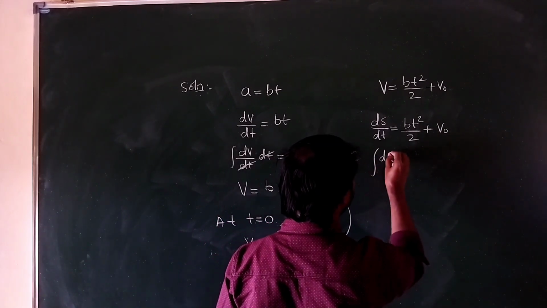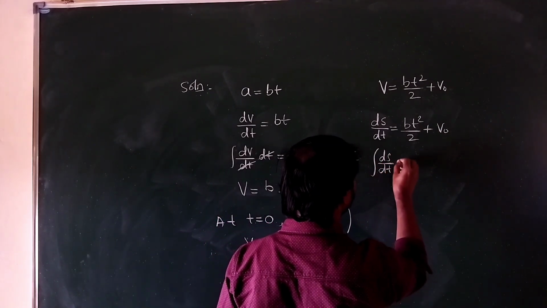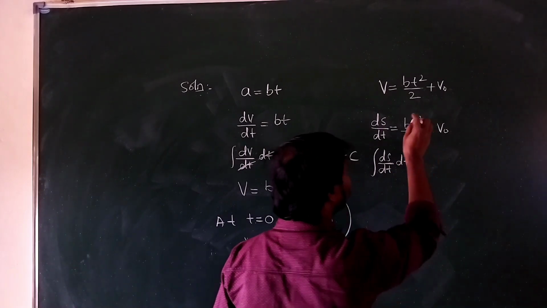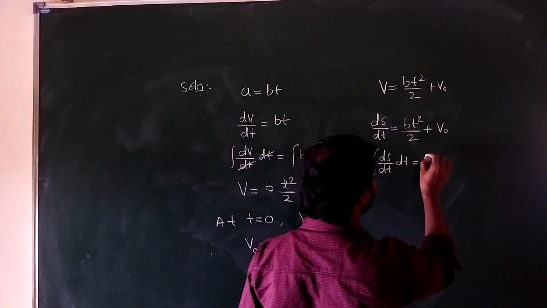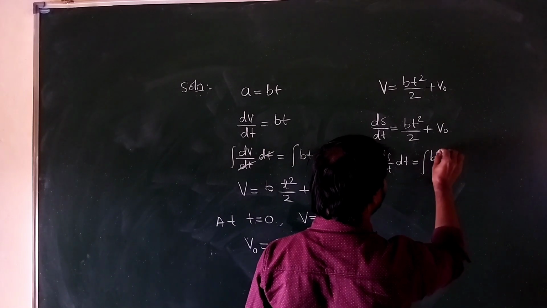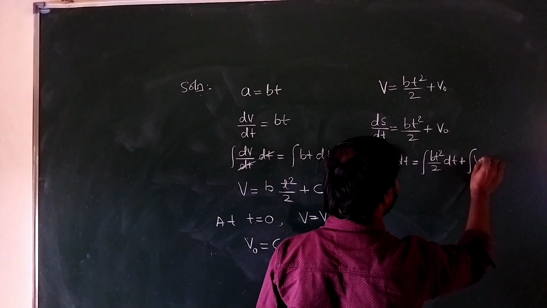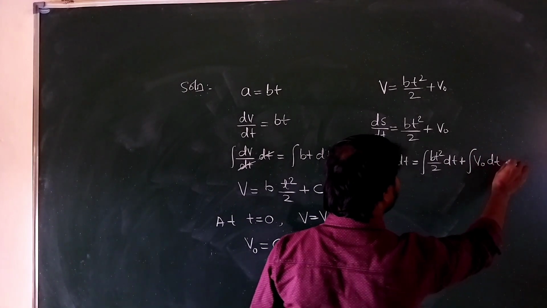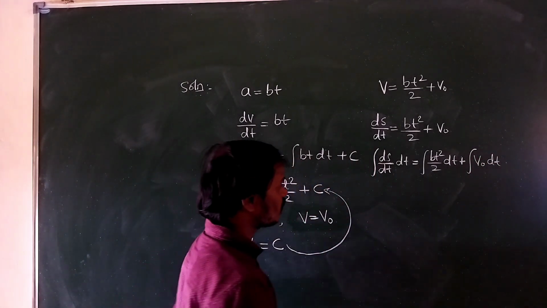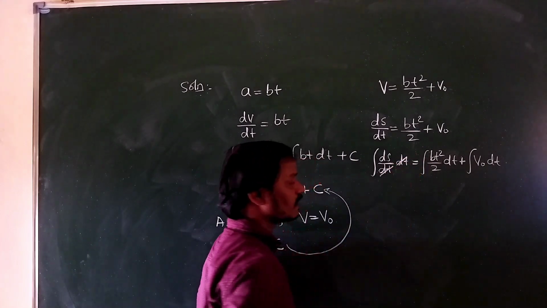Integration of ds by dt with respect to t equals the integration of bt square by 2 with respect to t, and the integration of v naught with respect to t. Now listen here, dt gets cancelled.